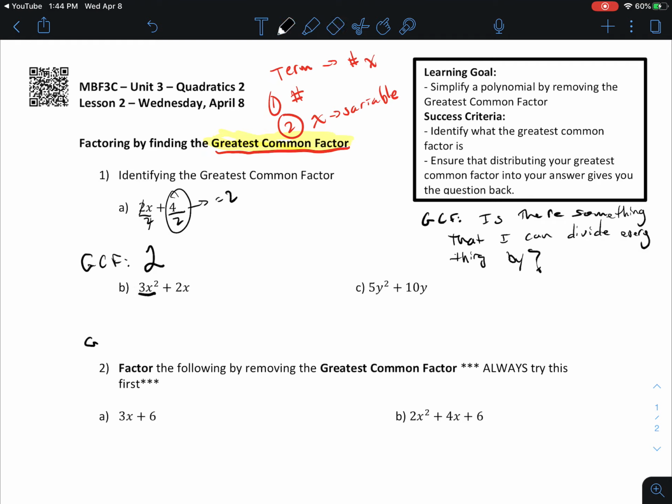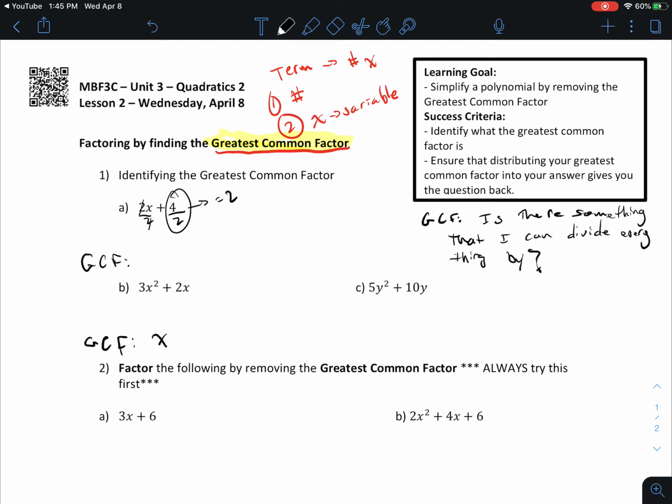So the only other thing that exists there is if I can divide these by x. X cancels with one of the x's there, and x cancels with this one. So your greatest common factor in this question is simply x, because it's the thing that I can divide everything by.